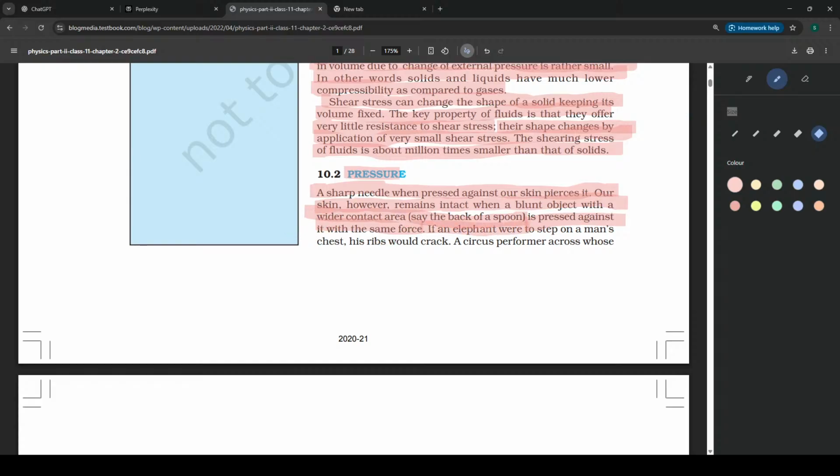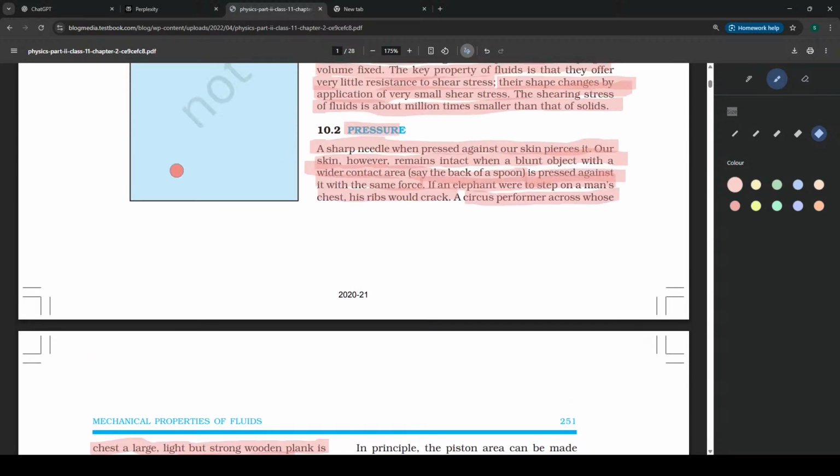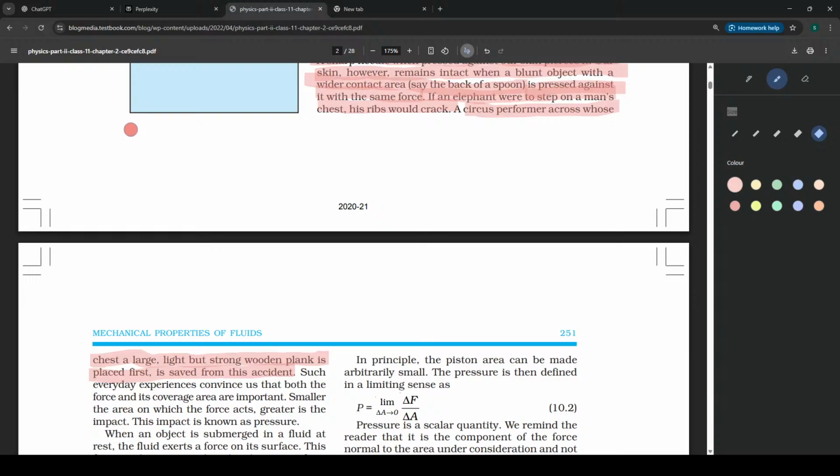If an elephant were to step on a man's chest, his ribs would crack. A circus performer across whose chest a large, light but strong wooden plank is placed first is saved from this accident. Basically, if an elephant were to step on a man's chest, obviously the ribs would crack.